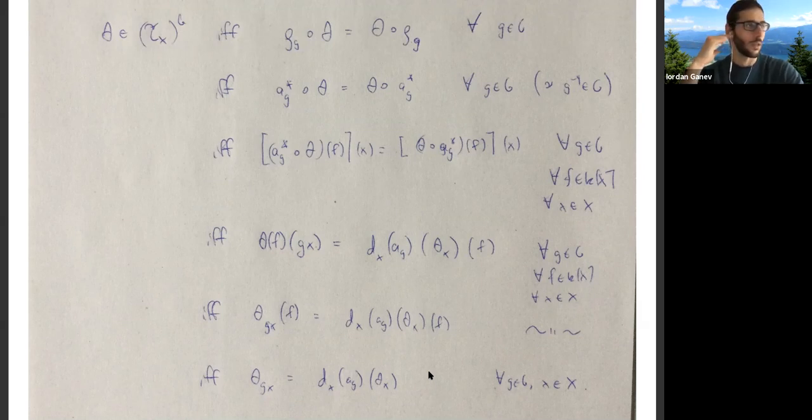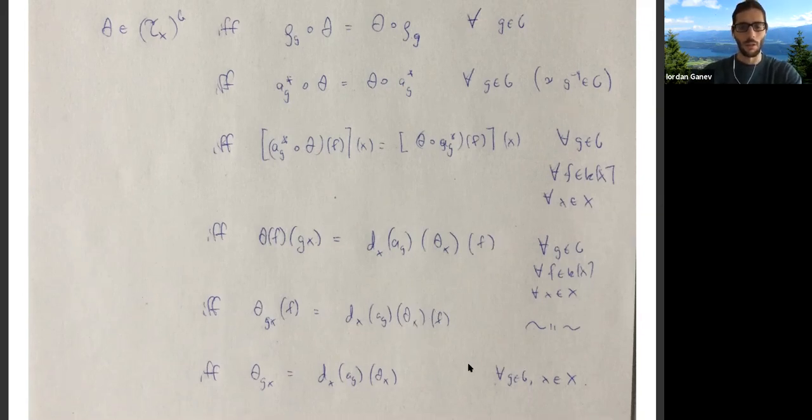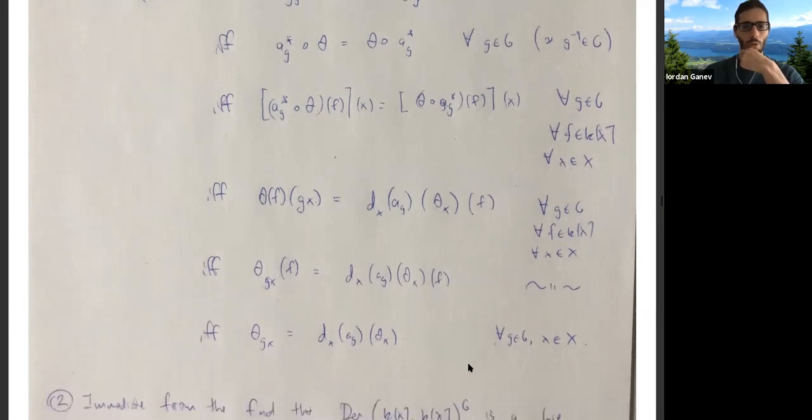So intuitively, what this is saying is that if something is G equivariant, and we know the value of an equivariant vector field at one point and want to know its value at G of that point, all we need to do is apply the differential of the G action to get the value of the vector field at Gx. So hopefully that's clear, and the notation is something you're getting used to.